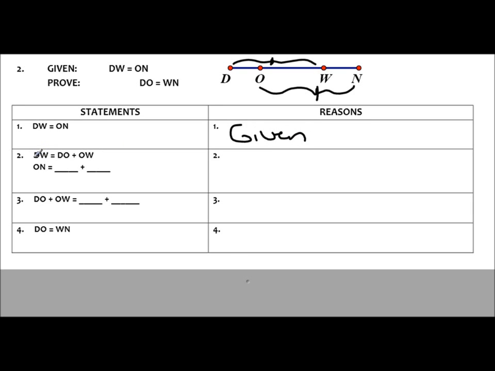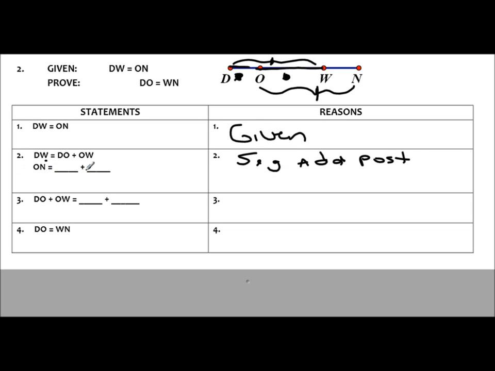And then it says that DW, the whole length of DW here, is equal to DO plus OW. Once again, all we're doing is taking a little part of the segment and a little part of the other segment, giving us the whole segment DW. That's our segment addition postulate.